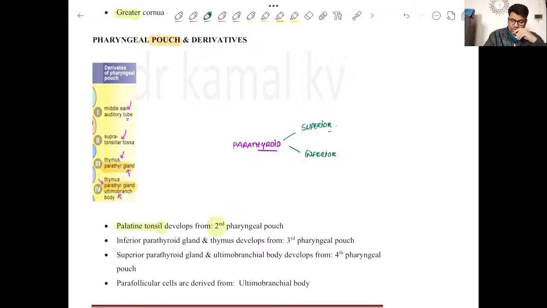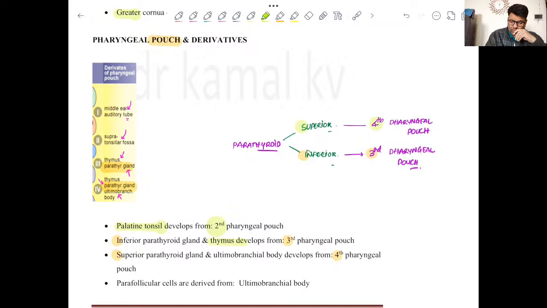The superior develops from fourth pharyngeal pouch and the inferior develops from the third pharyngeal pouch. Clear? So just note it down: superior fourth, inferior third. Right? So this is very important. So inferior from third, superior from fourth.